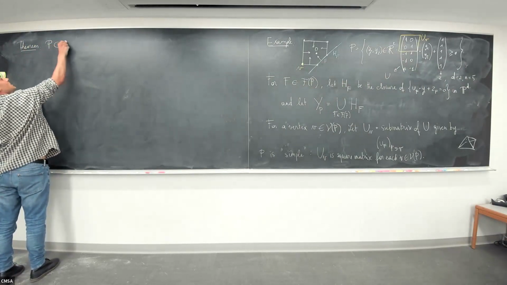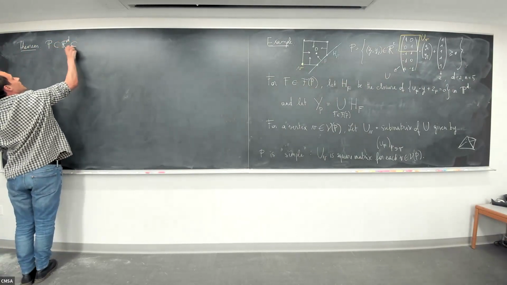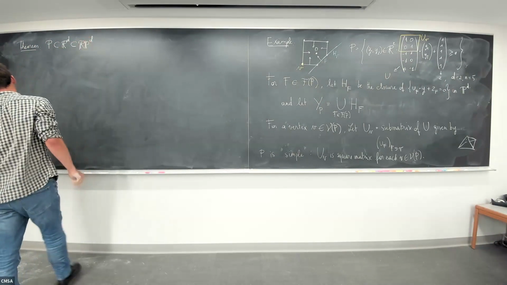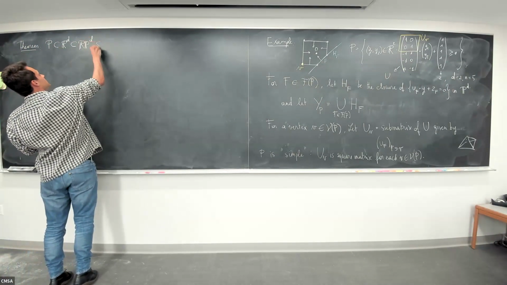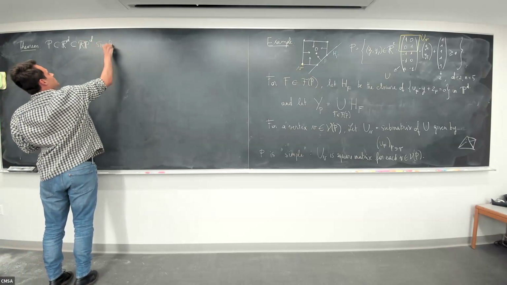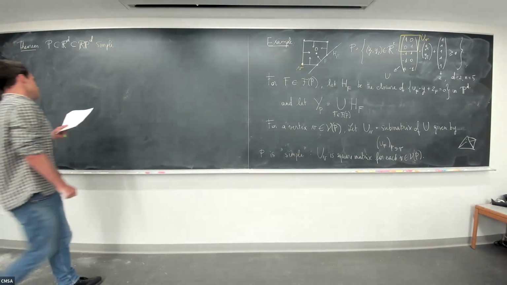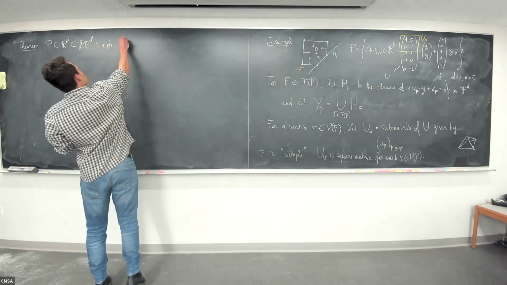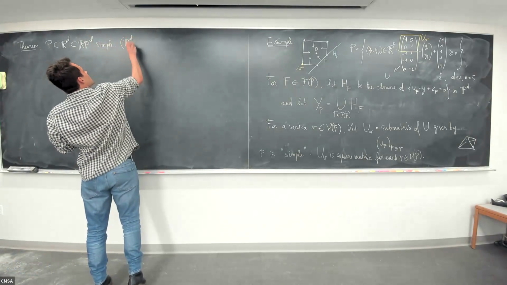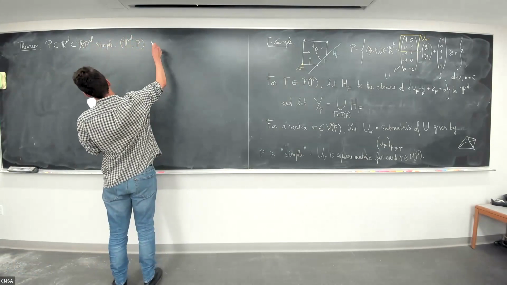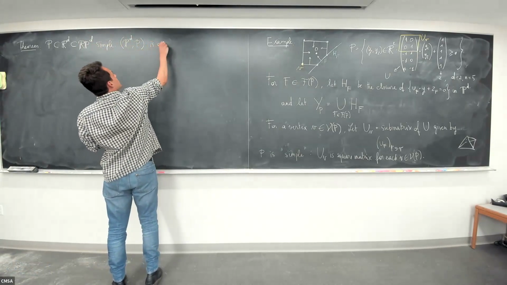Here's the statement. P sits in R^d, the real points of d-dimensional projective space. P is convex and d-dimensional as always, but in addition, it's simple. And this pair, d-dimensional projective space comma P, is a positive geometry.